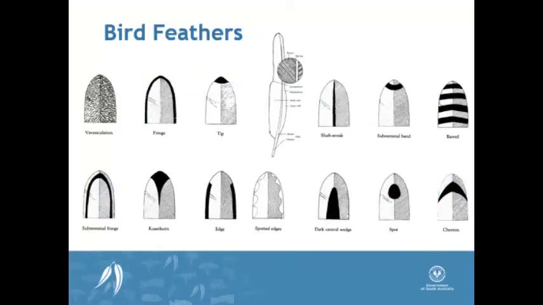Then the way feathers grow and the way in which they can be coloured is quite interesting. We'll talk a bit about this, but just to start with, to get you to think about it, we have names for different types of patterns on the feathers.